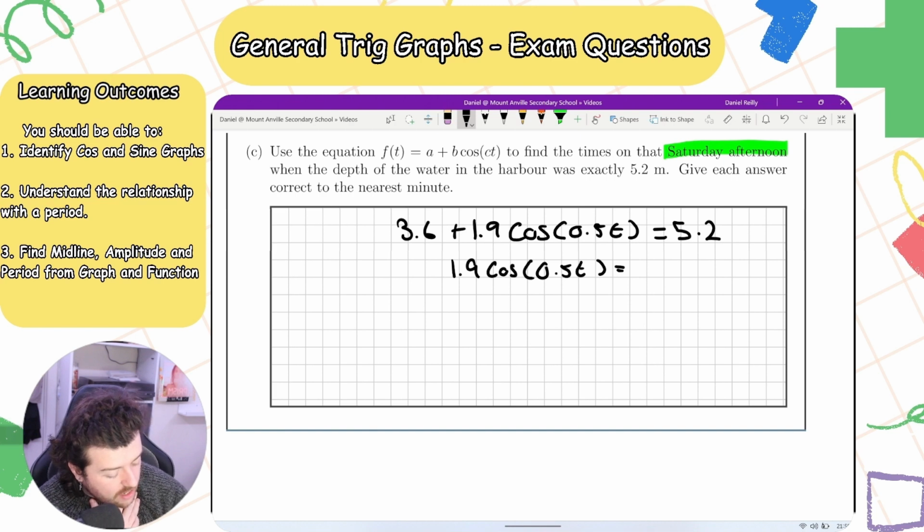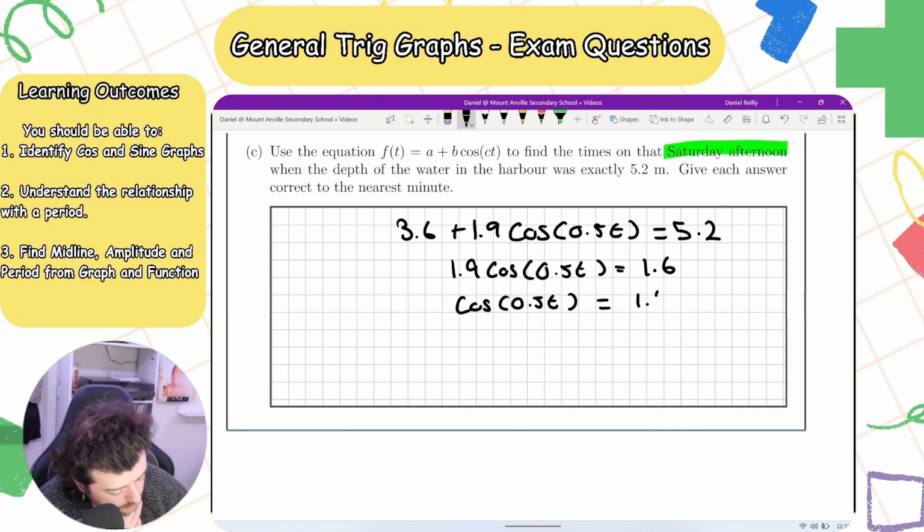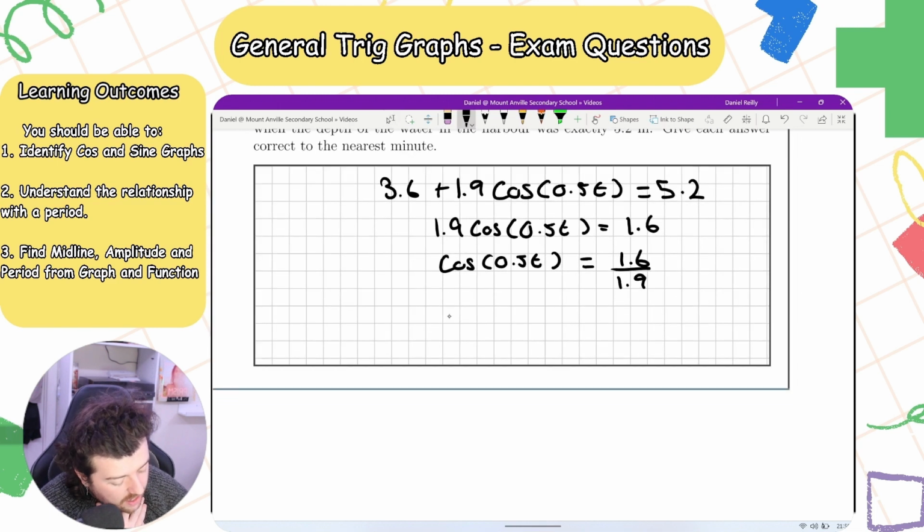So 5.2 minus 3.6 is 1.6. Cosine 0.5t is going to be equal to 1.6 divided by 1.9, so cosine 0.5t equals 16 over 19.